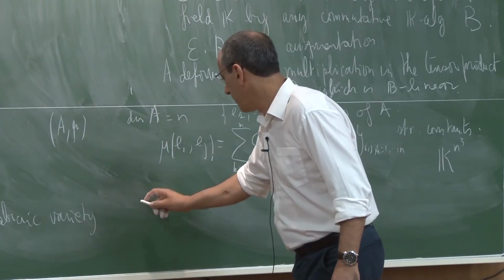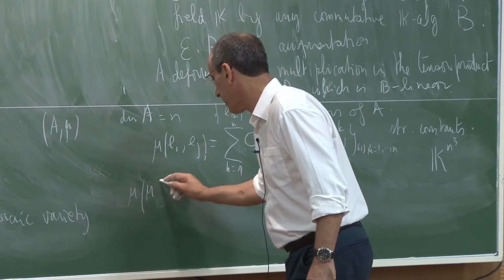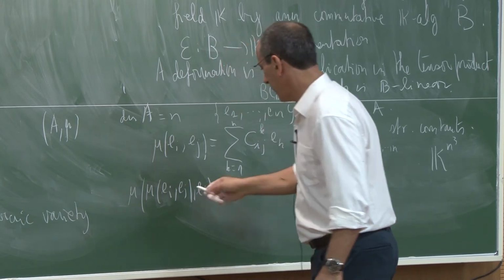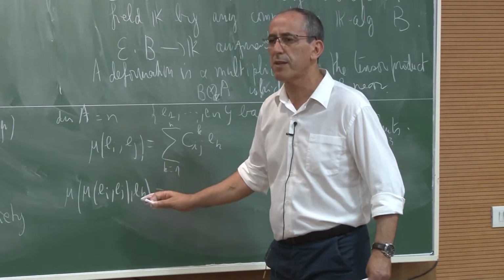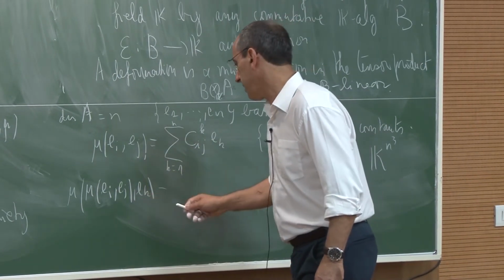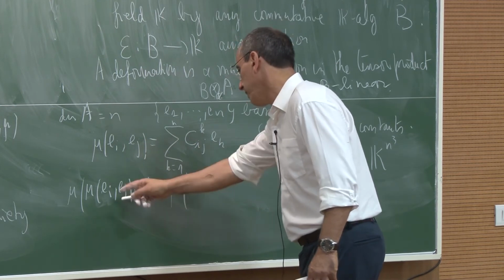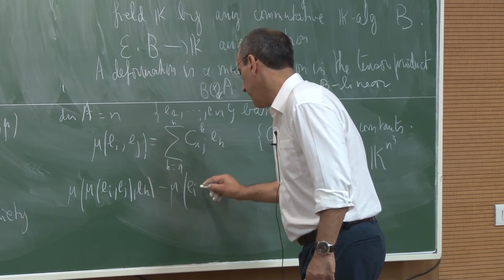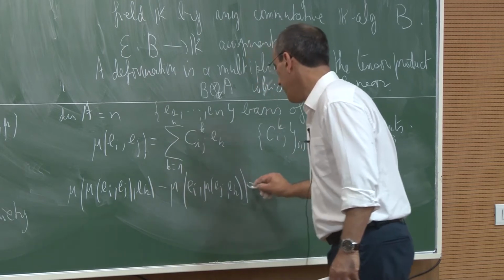Now let's check what the associativity condition is. I should check the associativity condition only on the elements of the basis. It should be written as mu(mu(Ei, Ej), Ek) minus mu(Ei, mu(Ej, Ek)) equals 0.